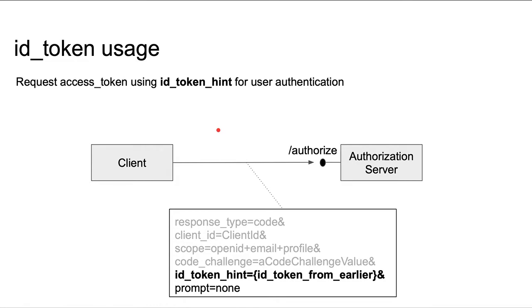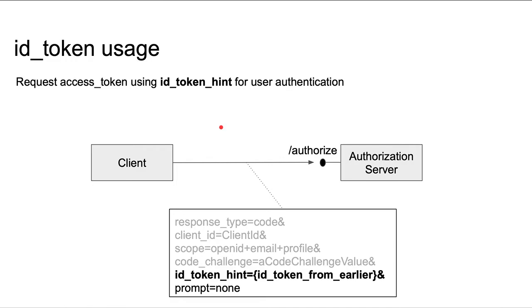You'll also find claims that your client would usually have to retrieve through the user info endpoint. So in most cases that is not necessary anymore. You'll find email address, preferred username, email verified, claims like that directly in your ID token.